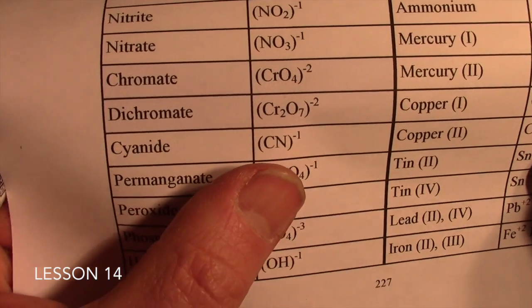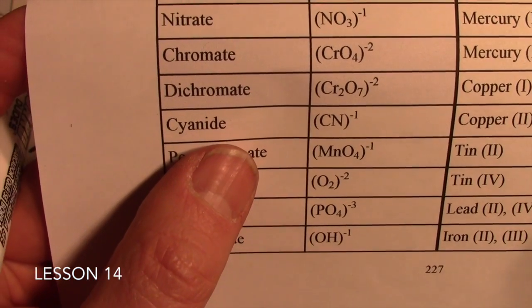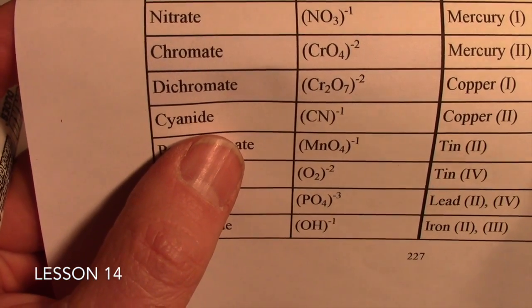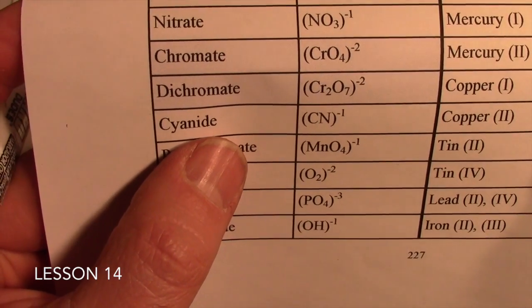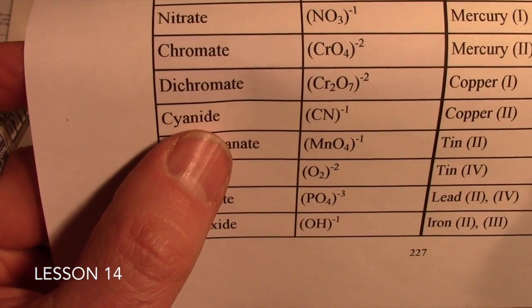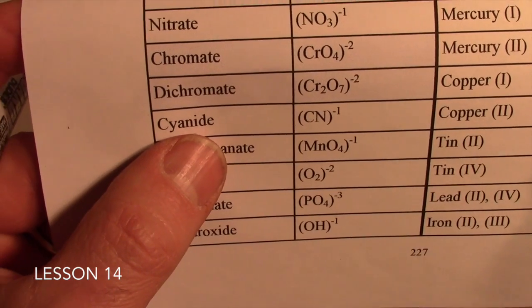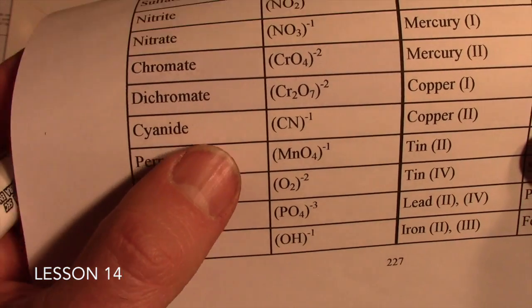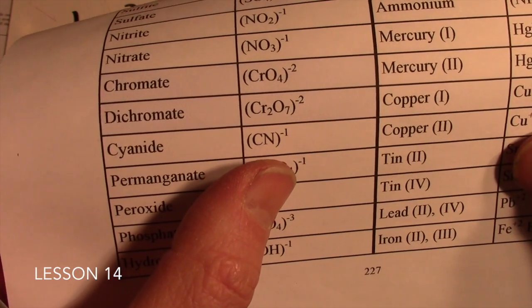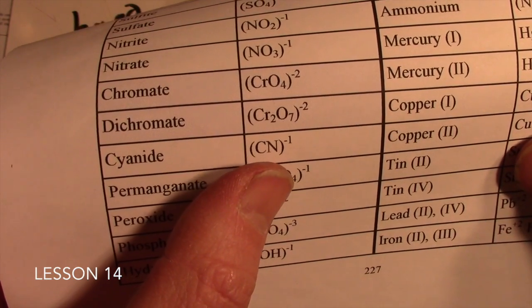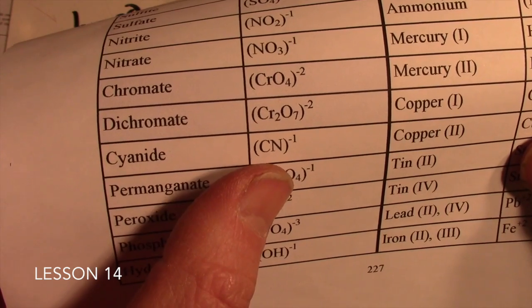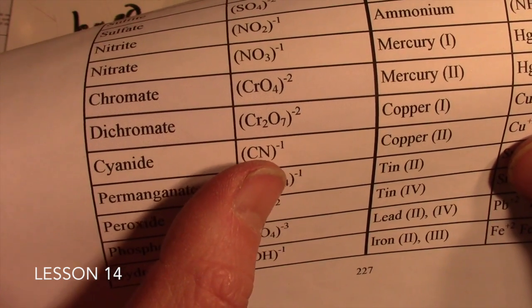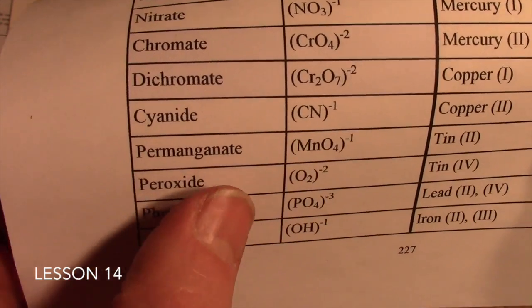A memory aid for this one: too much CNN, or too much TV, can be considered poisonous. Cyanide is a poison that's used to control rodents and stuff. So it's CN, so we say too much C and N. CN is poisonous, so CN -1.